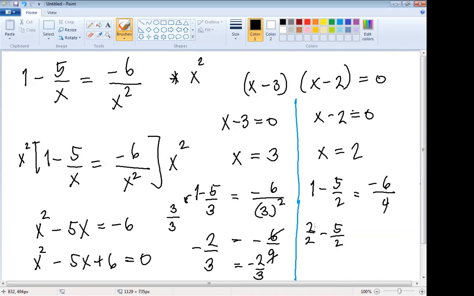So therefore, we can have negative 3 over 2. This one reduced to the simplest form is equal to negative 3 over 2. Okay, did you get it? Understand? Okay, let's try more examples.